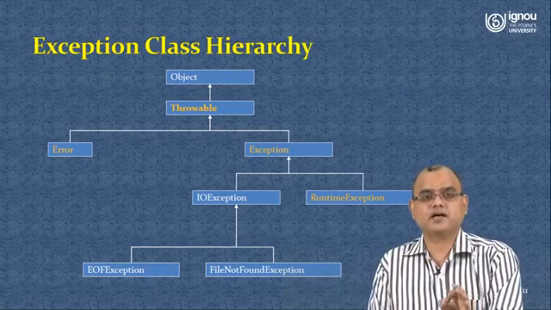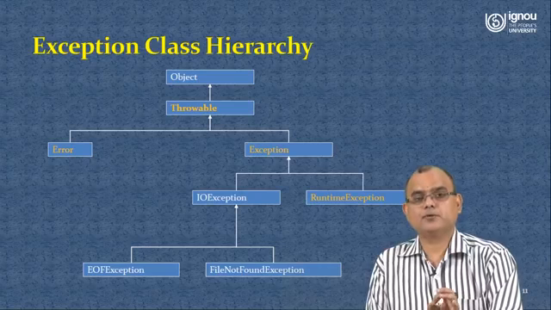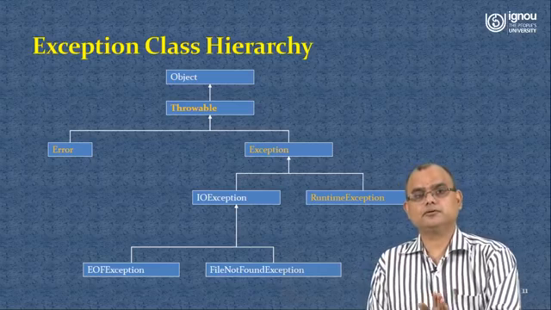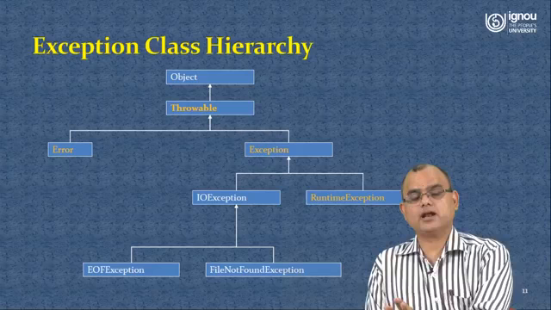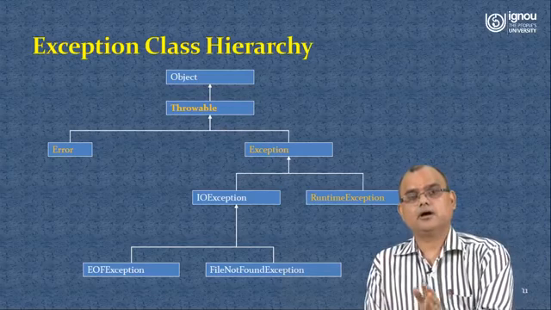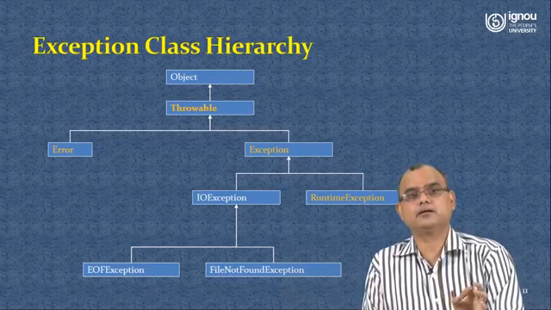From the Object class, the Throwable class is created, and from the Throwable class two different classes are created: one is Error and the other is Exception. In the diagram you can see that error class objects generated during program execution cannot be managed or handled.